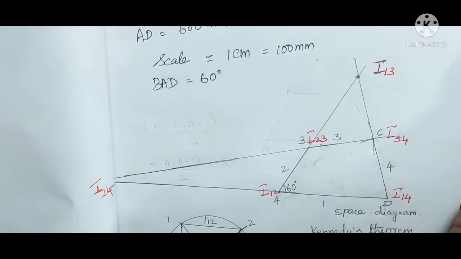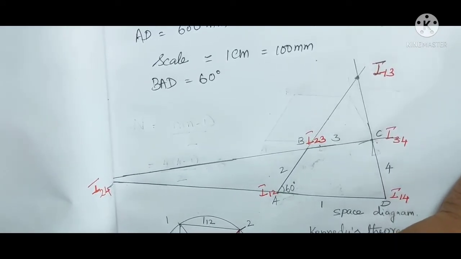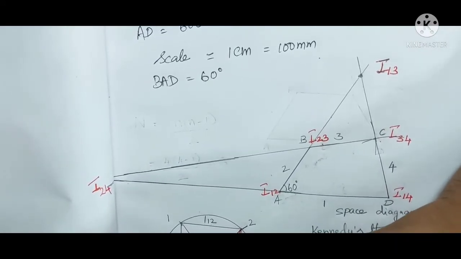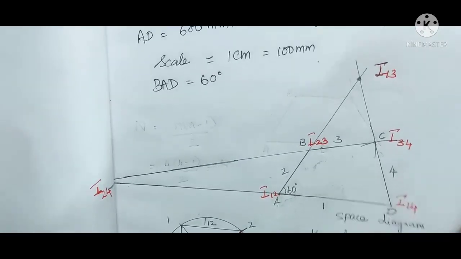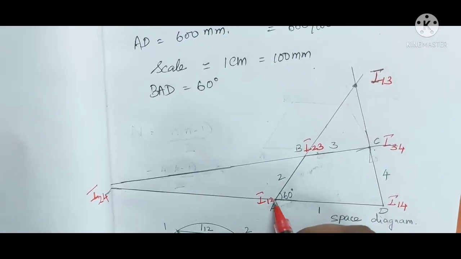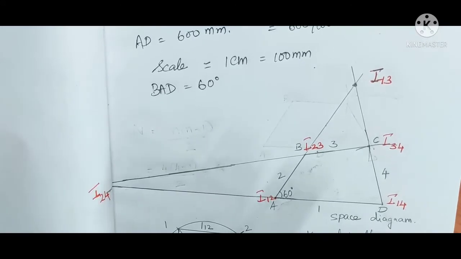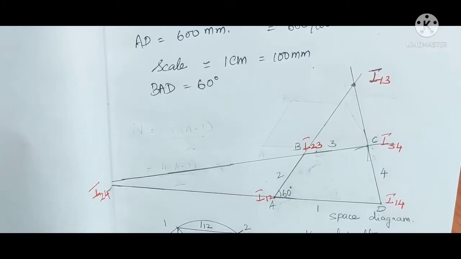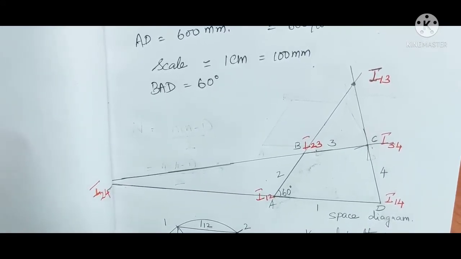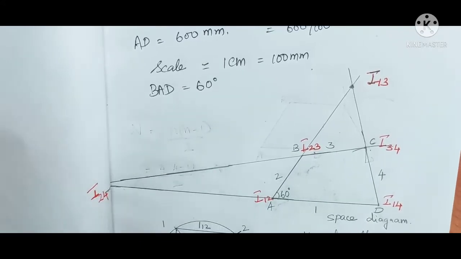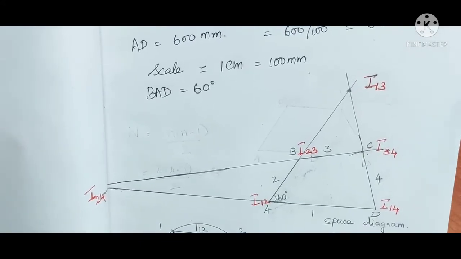Based on Kennedy's theorem, with respect to instantaneous centers, all the links take only rotation. So you will get only the angular velocity into the picture.